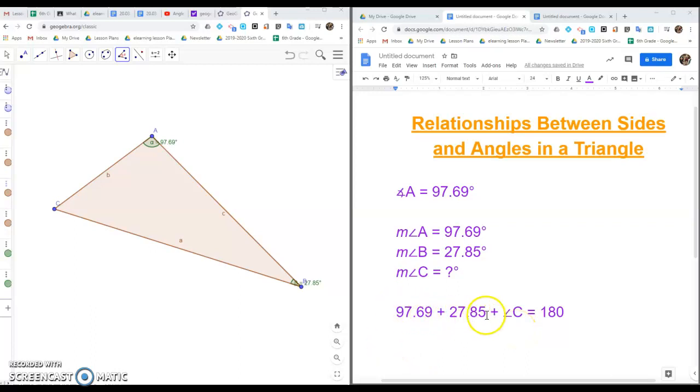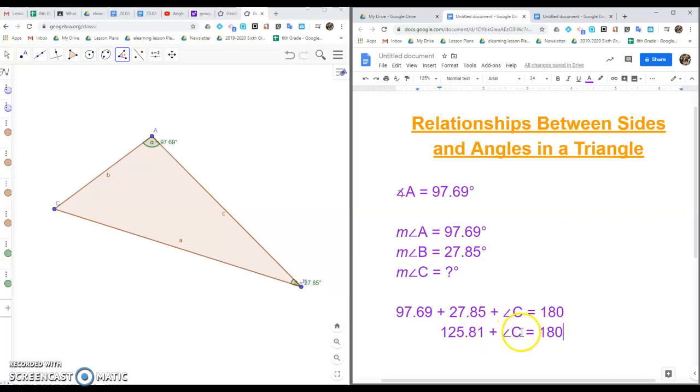We'll combine 97.69 plus 27.85 and we will get 125.81. So these combined give us this, plus angle C equals 180.